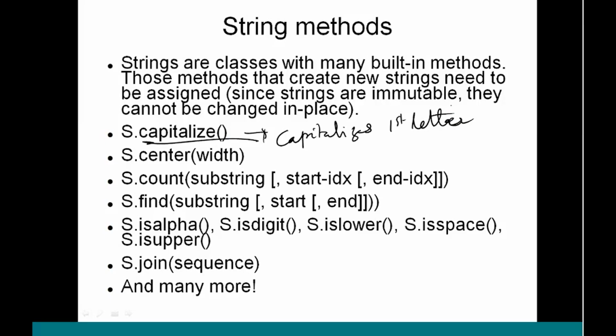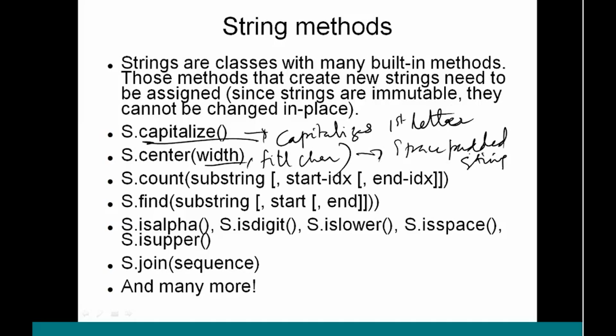Now what about center? The center has an argument width. We can also provide another argument called fill character. What it does is it returns a space padded string centered to the total width columns.